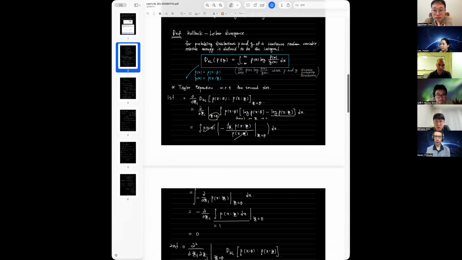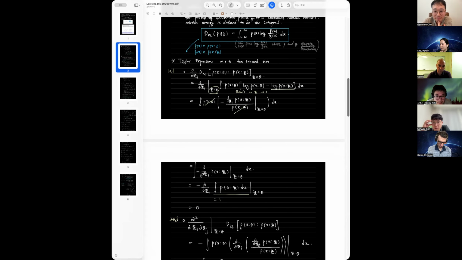Taking the derivative by xi_i, we can easily see that there is no xi in these terms, so it becomes 0, and the minus log p(x; xi) term comes out, and removing these terms, it becomes like this.